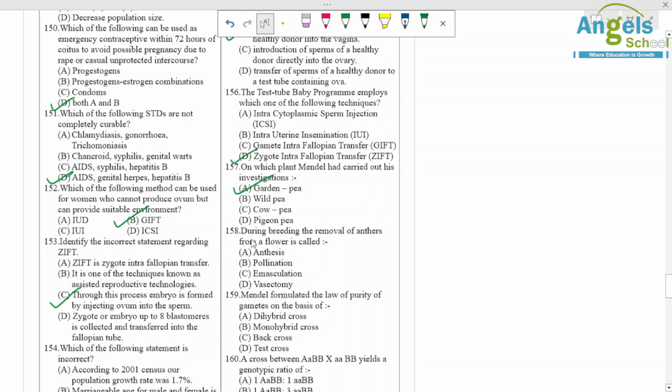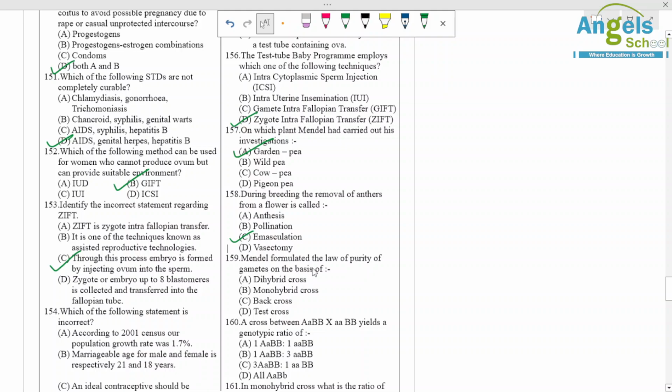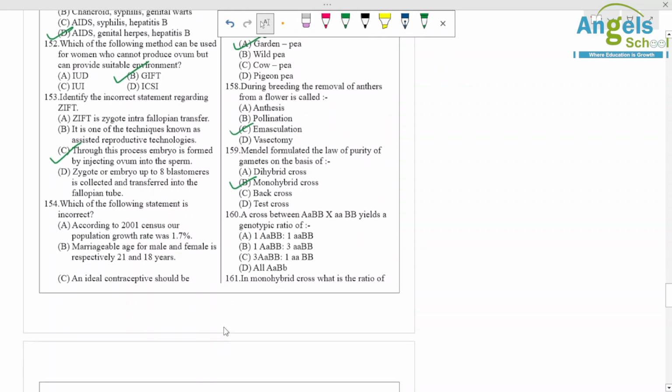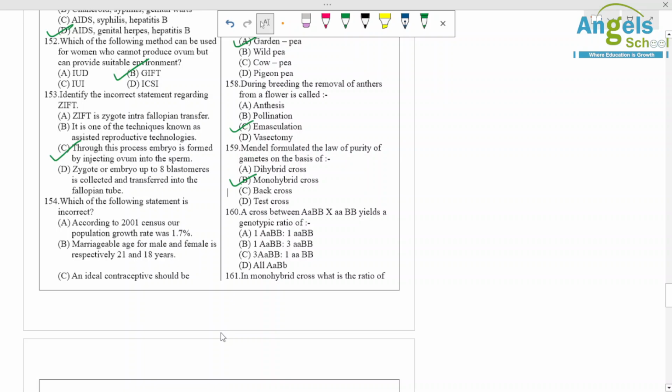During breeding, the removal of anthers from the flower is called emasculation. Mendel formulated the law of purity of gametes on the basis of the monohybrid cross. In a monohybrid cross, gametes are separated without any blending, so he discovered the law of purity after the monohybrid cross.